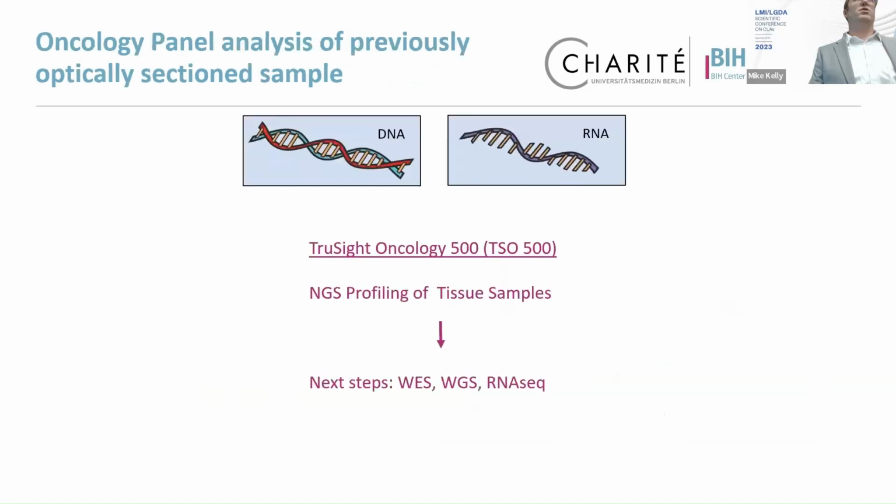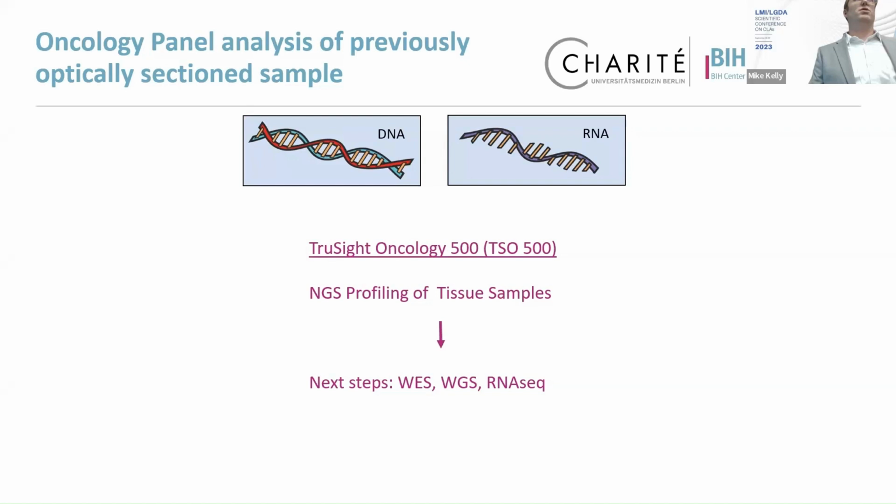And we started at that time with the TruSight Oncology panel from Illumina, because that was somehow one of the gold standard panels in the pathology department. You analyze 500 genes, approximately 50 RNAs, and it worked really well. And we could obtain really good results, which were definitely comparable to the current procedures.